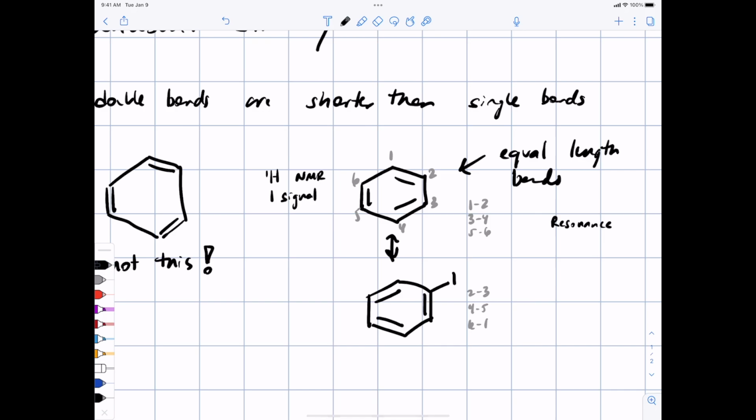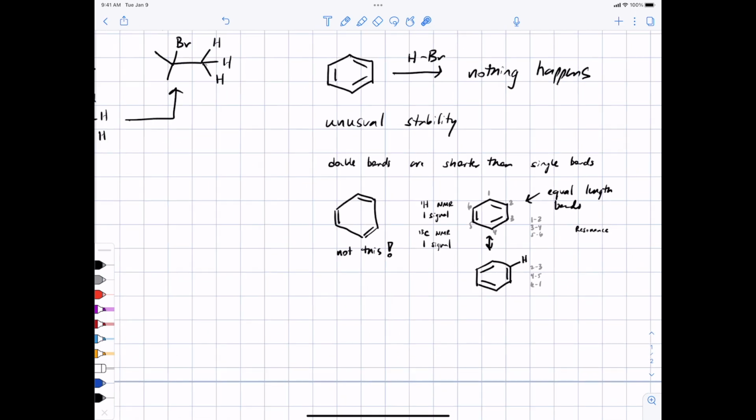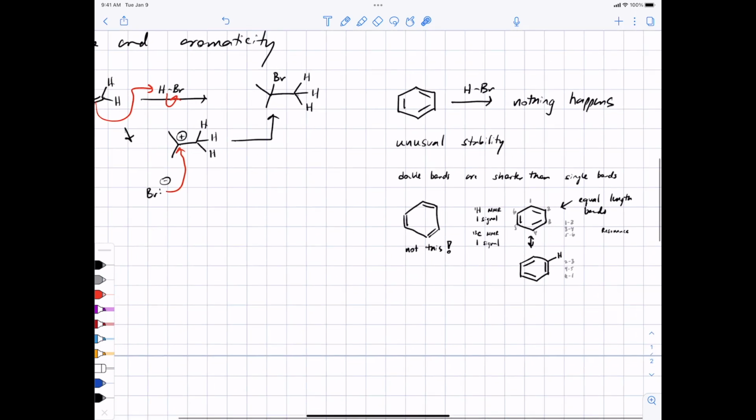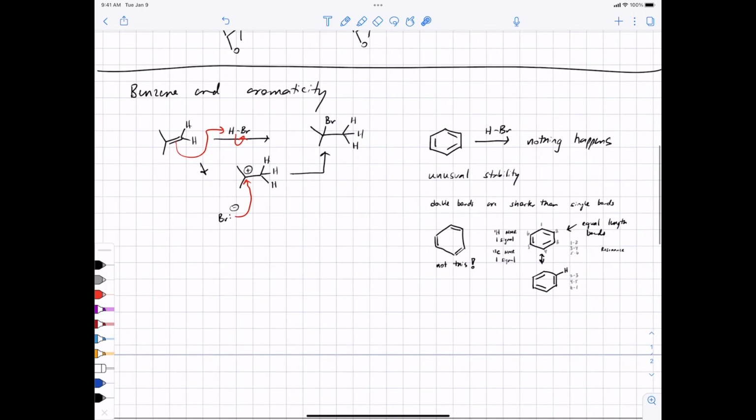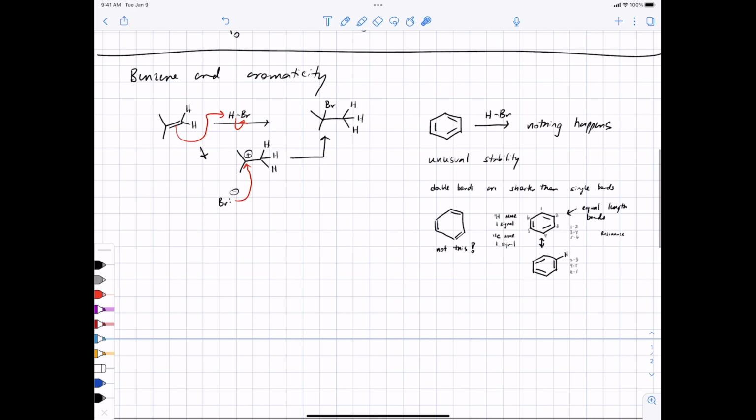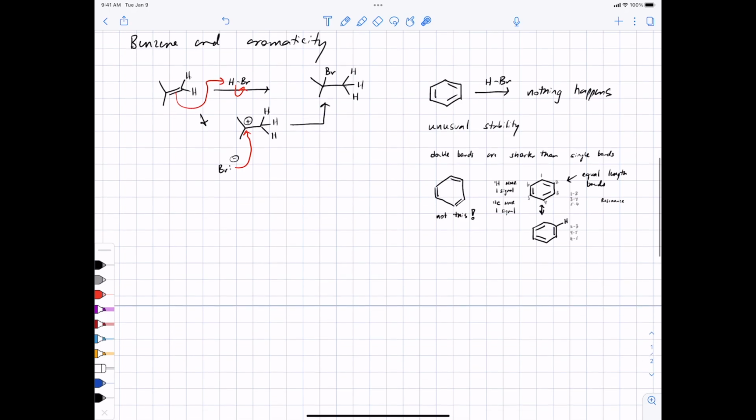There's only one kind of proton in benzene. And the C13 NMR spectrum for benzene has, again, just one signal. There's only one kind of carbon in benzene. They're all identical. So that gives you some idea of the fact that resonance stabilization makes all of those carbons identical. All right. To understand where benzene's special stability comes from, you need to know a little bit about MO theory.